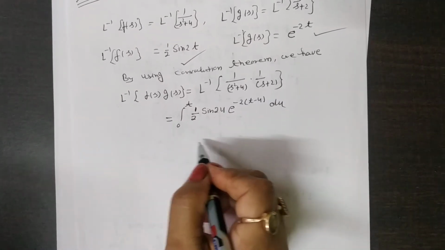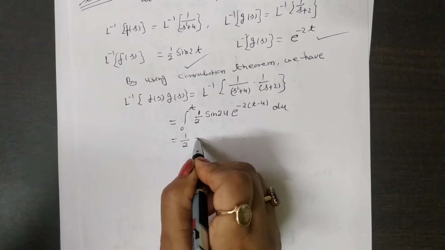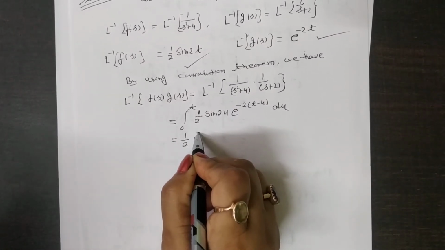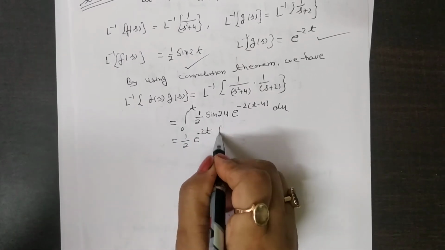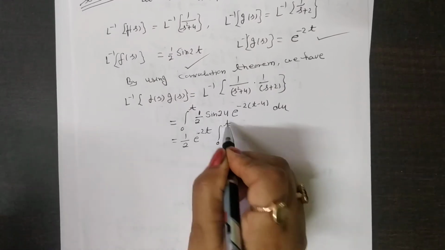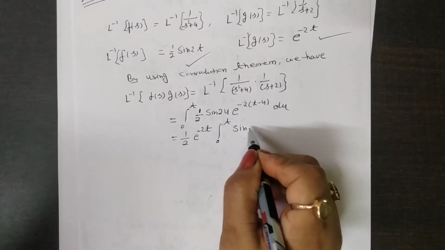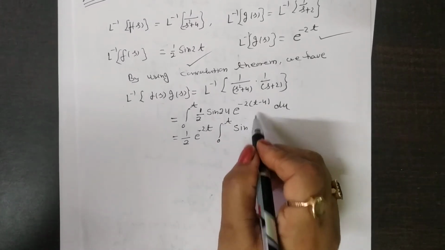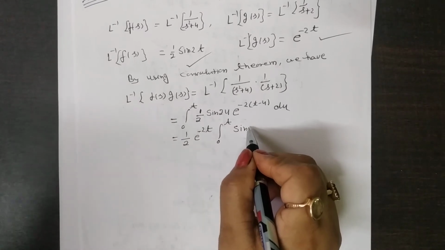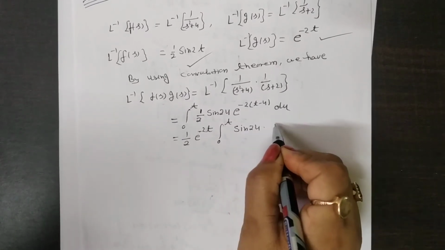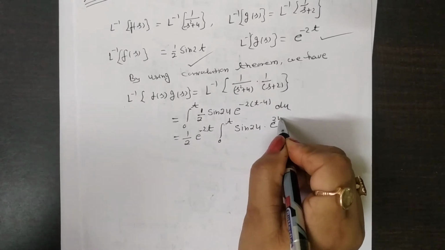Now integrating this, this becomes 1 by 2 e to the power minus 2t, and the integral is 0 to t of e to the power 2u sine 2u du.